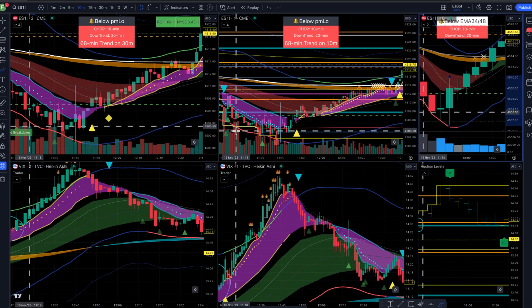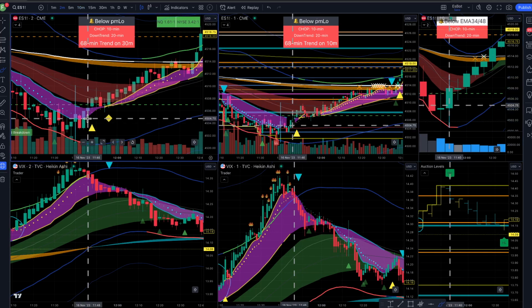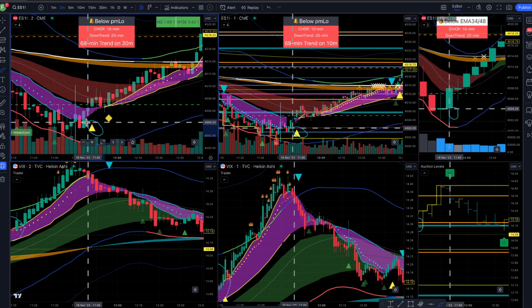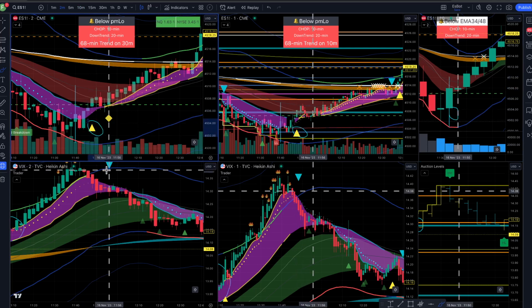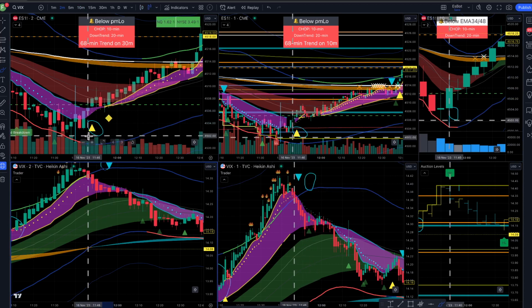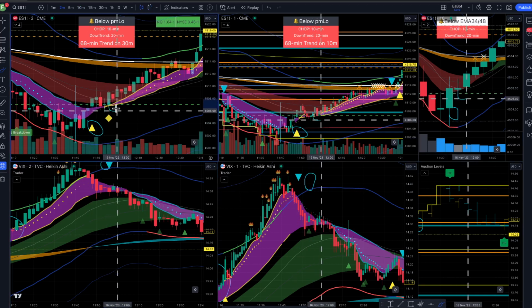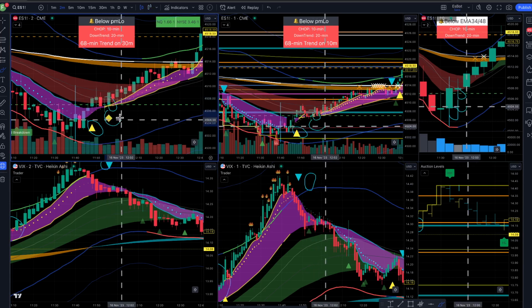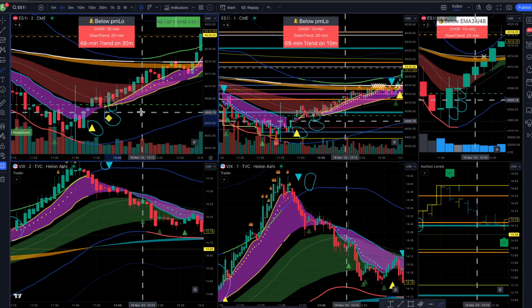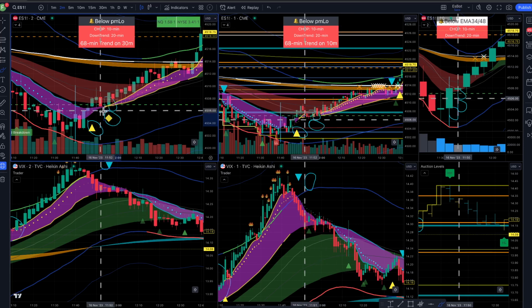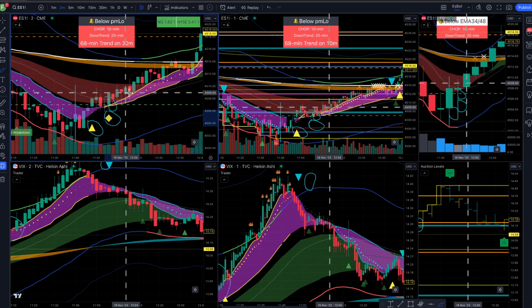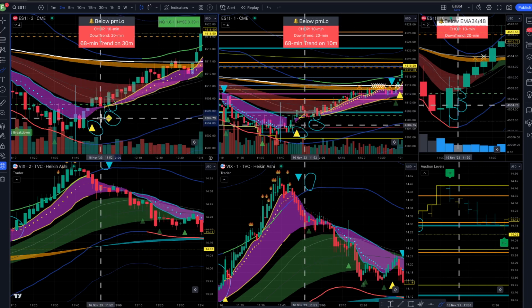Okay, so I get a yellow triangle on ES, a blue triangle there. I have my danger zone forming. I have a yellow diamond. Now, this is a lower probability trade because we're below the 48, okay?